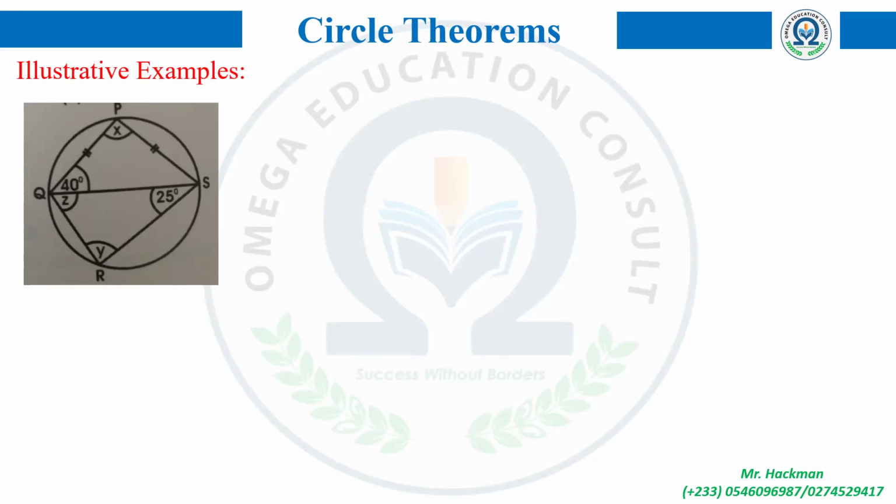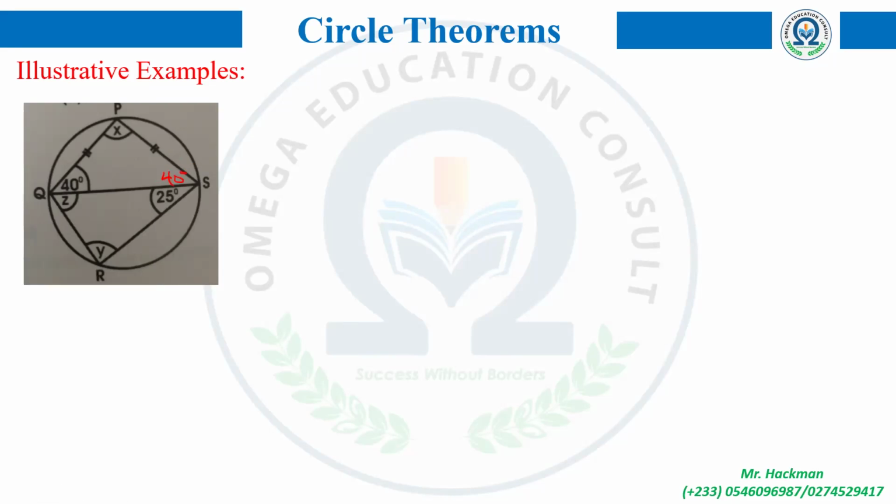Perfect. So angle PQS is equal to angle PSQ, which is equal to 40 degrees. So this is 40 degrees. Do you all get her and agree? Yes, please. Okay, very good. So far so good.